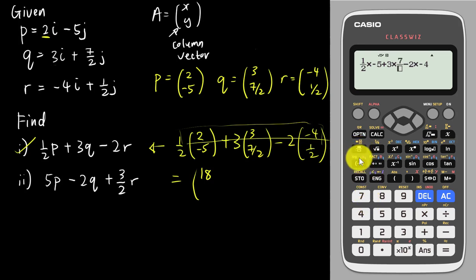But when you type the fraction, you must be very careful because sometimes the calculator will link it together. And then the last one, -4, I will change to 1 over 2. So when you type equal, the calculator will tell me 7, which is exactly the same as the answer I got just now.